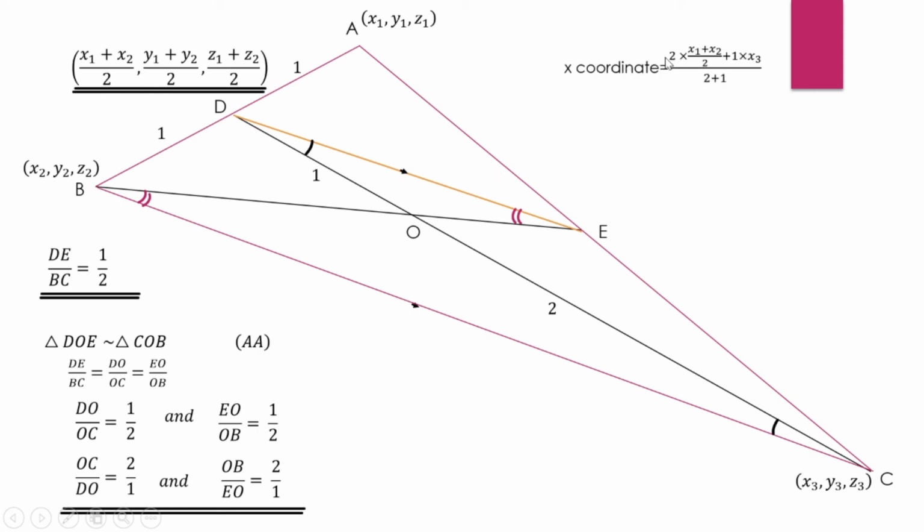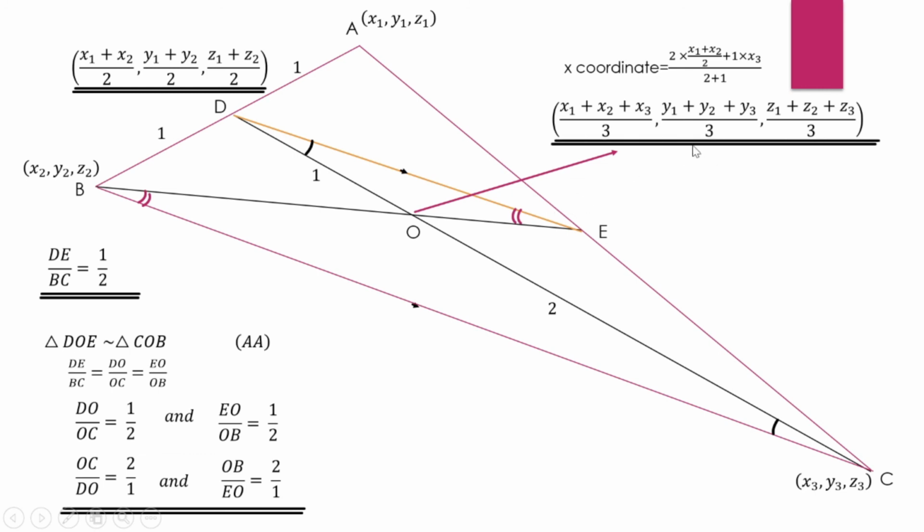So here the x coordinate is 2 into the x coordinate of this point, then 1 into the x coordinate of this point, over 2 plus 1 as per the section formula, which is actually equal to x1 plus x2 plus x3 over 3, as 2 will cancel out with 2. So similarly, the y and z coordinates can be found. So the coordinates of the centroid of the triangle are these. So now we proved it.